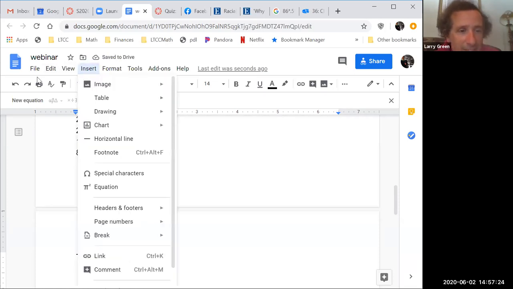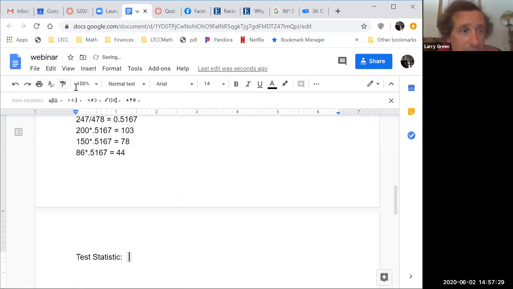So first thing, there's no way I can do it without making an equation. Okay, this is not an X, by the way. It's a Greek letter, and it's the Greek letter chi. And we call it chi squared.